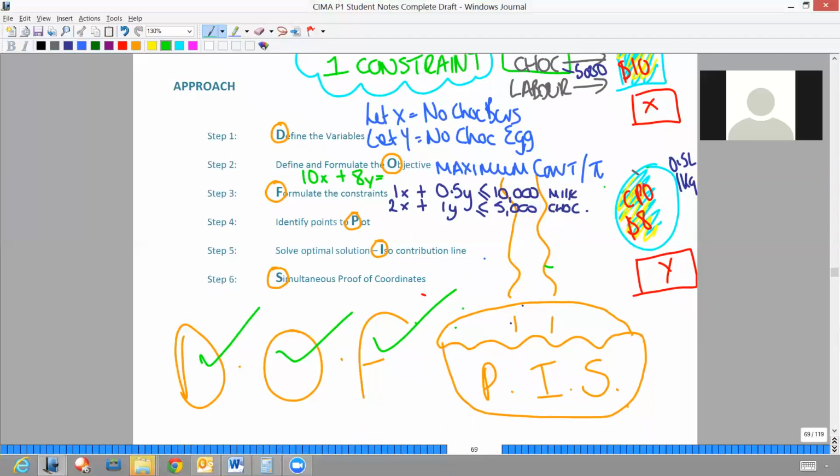You need to identify points to plot. So what we're going to do is we're going to take these constraints that we formulated, do a little bit more work with them, and it will give us some coordinates which will enable us to draw a graph.